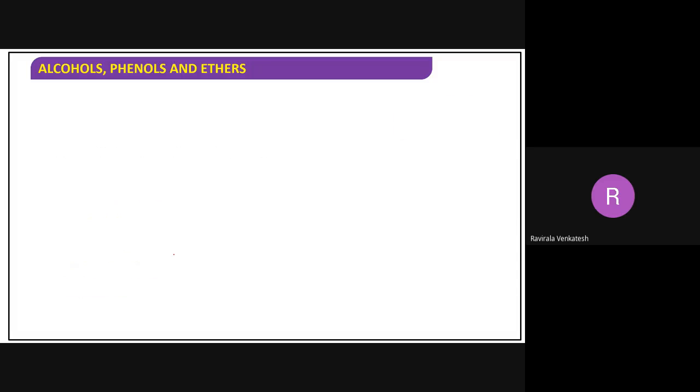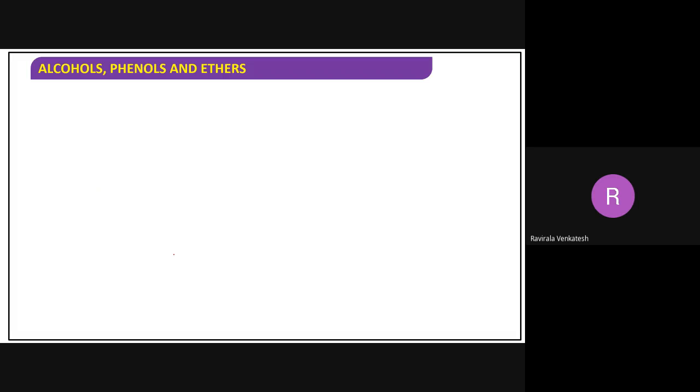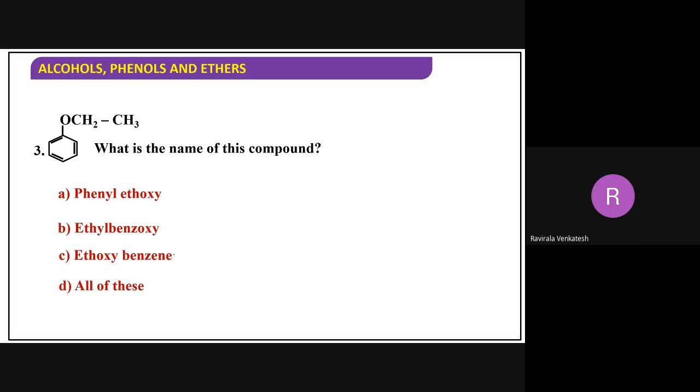Very good. What is the IUPAC name? Just now we discussed: 2-methoxy-2-methylpropane. Is it correct? Ethoxybenzene. Ethoxybenzene.